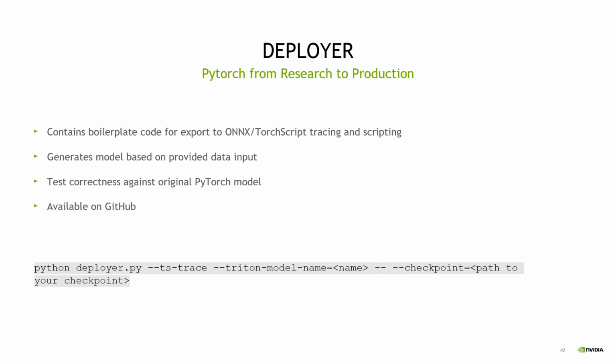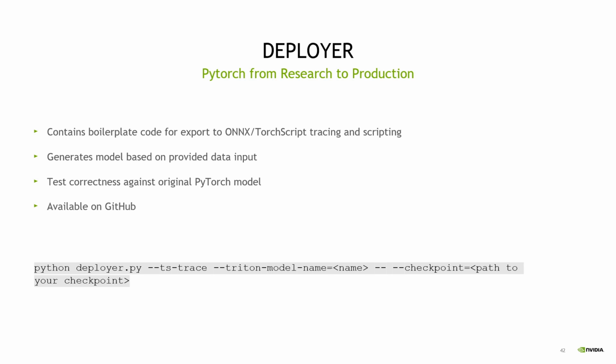At the end, I would like to draw your attention to some of the tools. One of them is the deployer developed at Nvidia. It contains boilerplate code for exporting the models to ONNX or TorchScript using either tracing or scripting. It generates the model based on the provided input data, and it also runs correctness tests to see if it has been correctly exported.